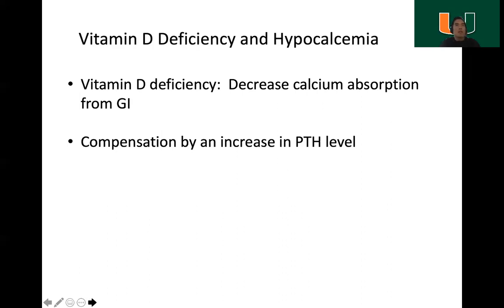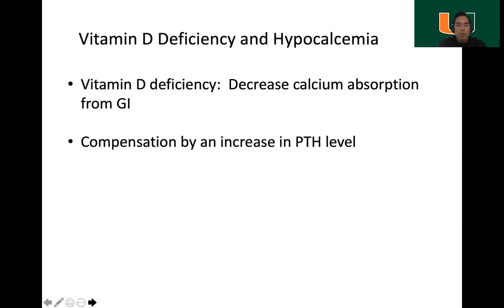And if you take in enough calcium, the decline in calcium absorption can be compensated for. This is the reason why you don't see hypocalcemia in vitamin D deficiency that often, because it can be compensated by PTH and also by active absorption in the GI tract.